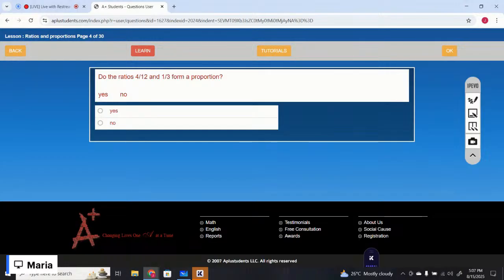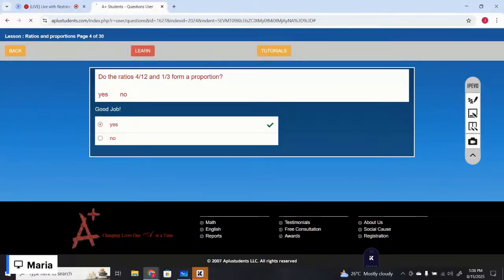Do the ratios 4 by 12 and 1 by 3 form a proportion? Yes, they do form a proportion. Option number 1 is the correct option.